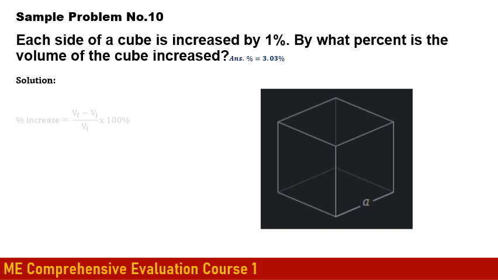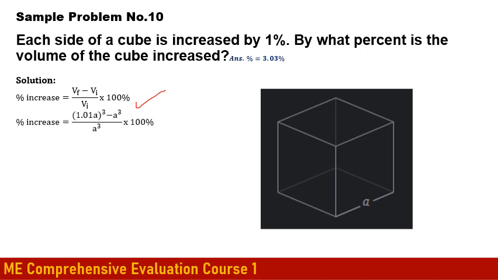The percent increase can be written in terms of the formula: the final volume minus the initial volume, divided by the initial volume, times 100%. That is always the general formula if you are going to compute for the percent increase. If the side is increased by 1%, then say it is originally 1, it would become 1.01.